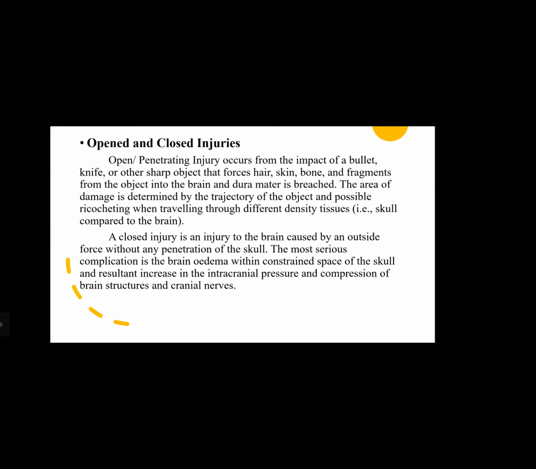And the second type, we have the open and closed injury, whereby the open is the penetrating injury that occurs from the impact of a bullet, for example, a knife or any other sharp object that forces the hair, the skin, the bone, and fragments from the object into the brain and the dura mater.